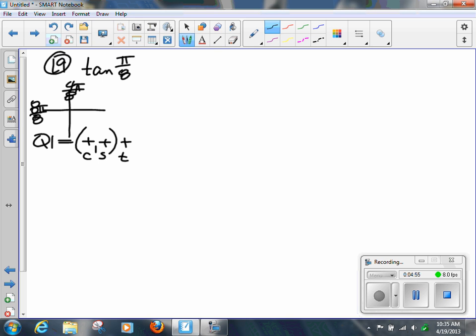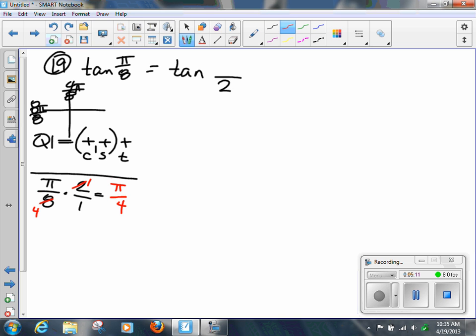Then how do I determine tangent of what divided by 2? What do I do? Pi over 8 times 2, correct? Because that angle is going to give me pi over 4, which is what ordered pair? Root 2 over 2, root 2 over 2. And this is tangent, okay?